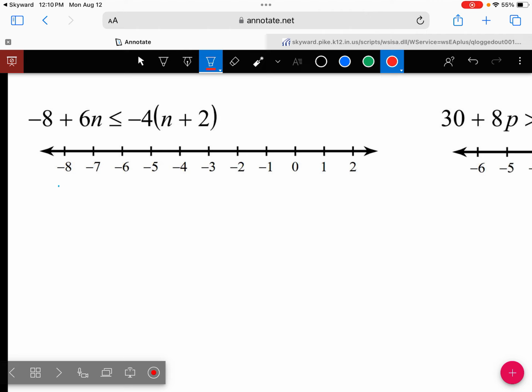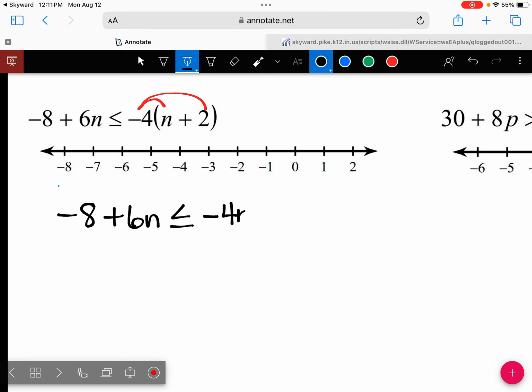So the first step would be to distribute that negative 4. And when I distribute the negative 4, then I'll have negative 8 plus 6n is less than or equal to negative 4n minus 8.